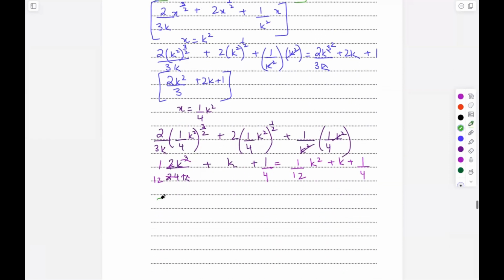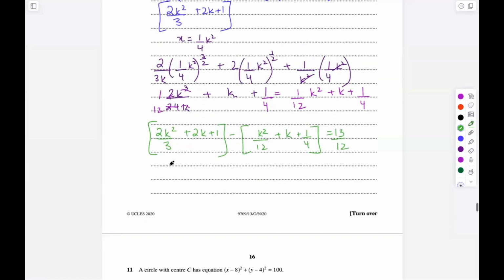So the value with the upper limit was 2k squared upon 3 plus 2k plus 1, and we'll subtract from it k squared upon 12 plus k plus 1 upon 4 and put it equal to 13 upon 12. Okay, so we don't have enough space left over here.